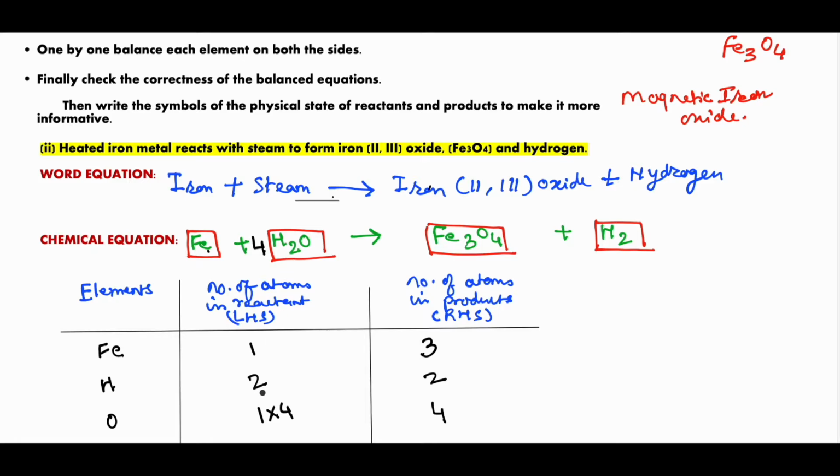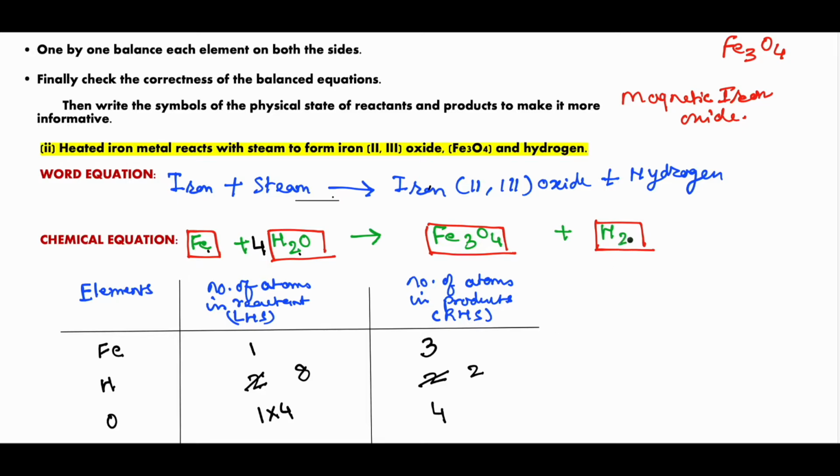Earlier it was 2 on the left hand side and 2 on the right hand side, but now it has become 4 times 2, that is 8 hydrogen atoms on the left hand side and 2 hydrogen atoms on the right hand side. So it has changed to 8 on the left hand side and it is 2 on the right hand side.